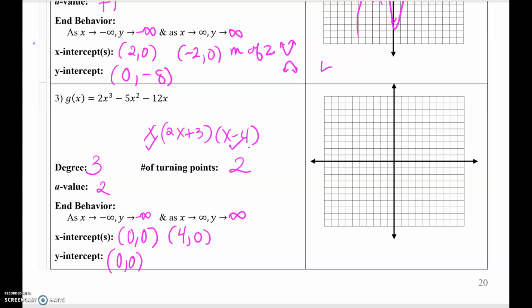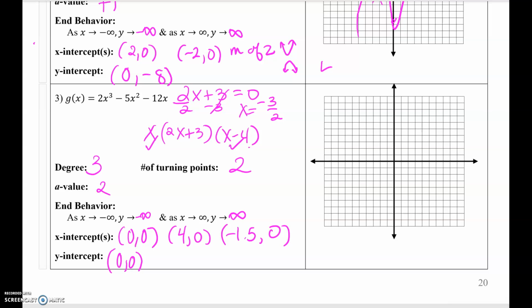But then that other one, 2x plus 3, I'm going to solve by setting equal to 0, subtract 3, and that's going to be 2x equals negative 3, divided by 2. I get negative 2/3. Nope. Negative 3 over 2, and that's going to be negative 1.5. That'll be the easiest way for me to plot it, by translating it back into a decimal.